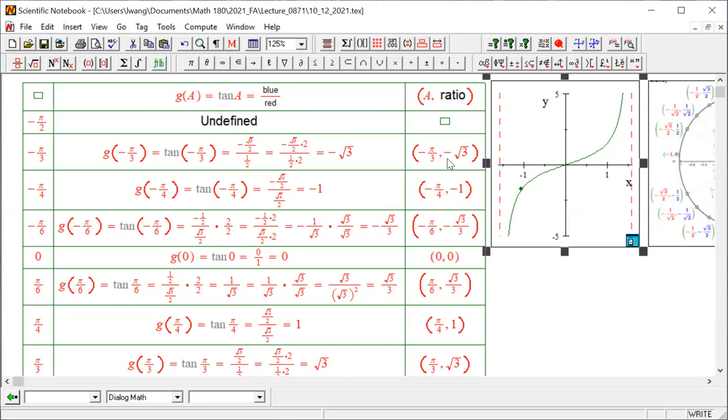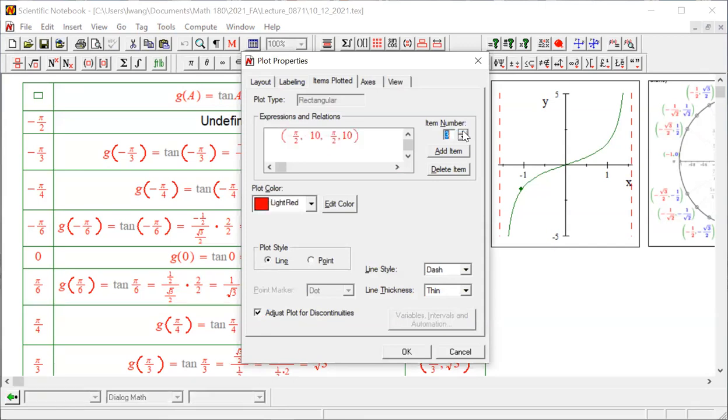The angle is the input. The tangent ratio is the output. Angle input, tangent ratio output. Okay, so then we do the next point. Negative pi over 4. So we're going to mark the points all together.